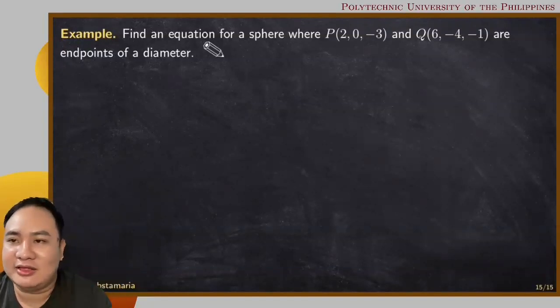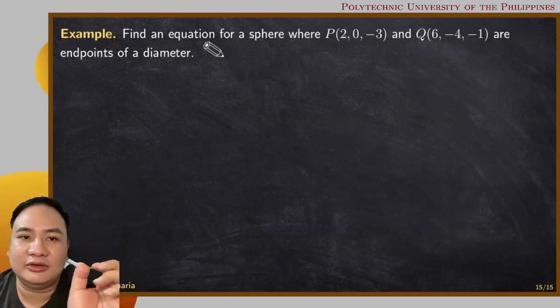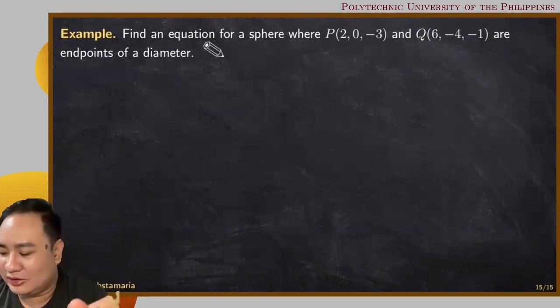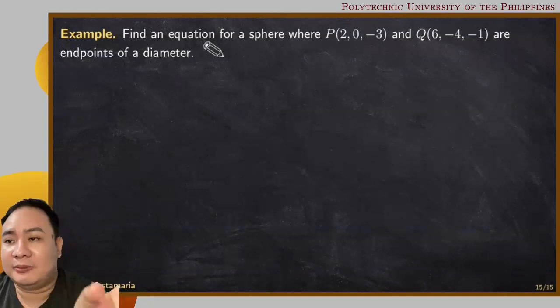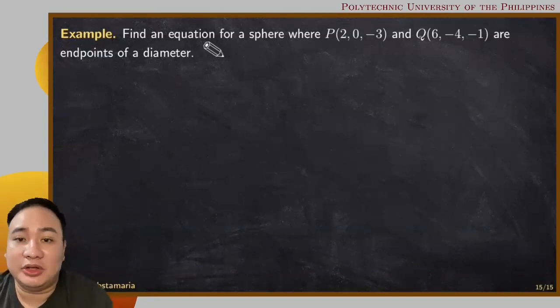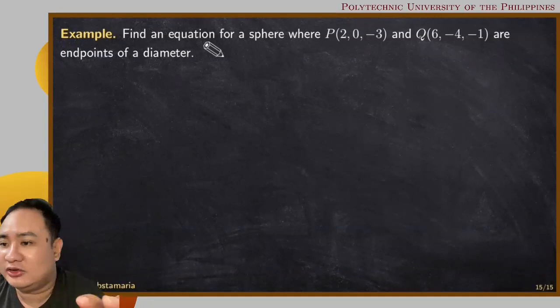Yung center tsaka yung radius. Now, in order to get the center, you need to know the fact that the center is actually a midpoint of any diameter. And that, kapag alam mo na yung center, using the midpoint formula, how do you get the radius now?